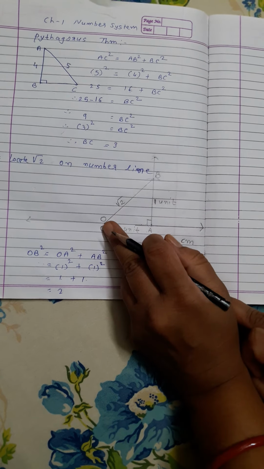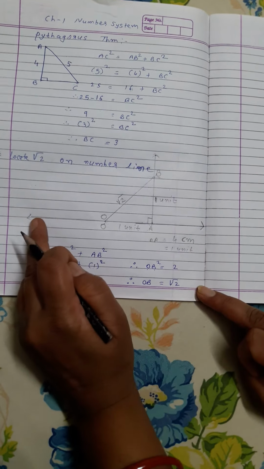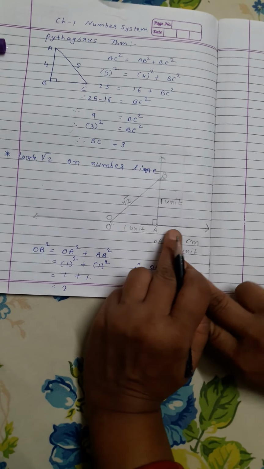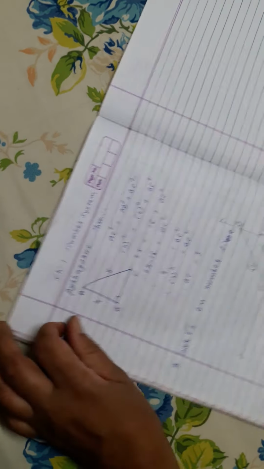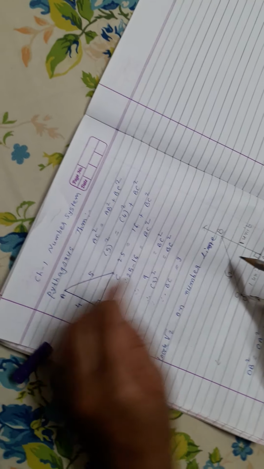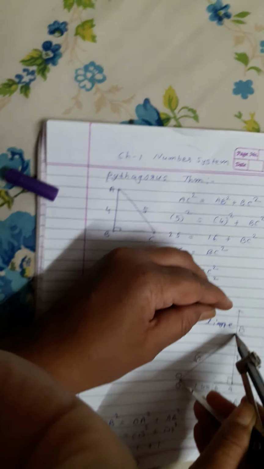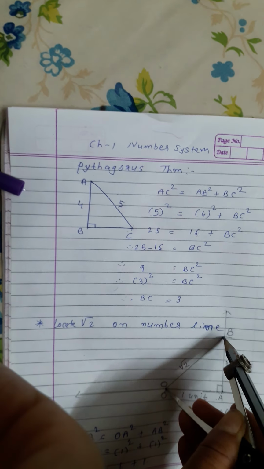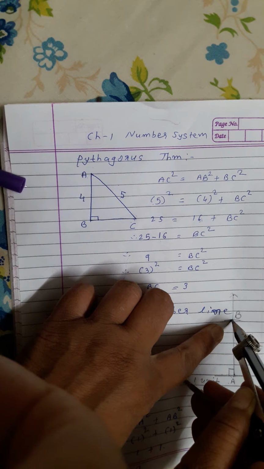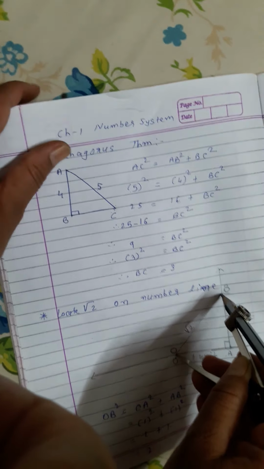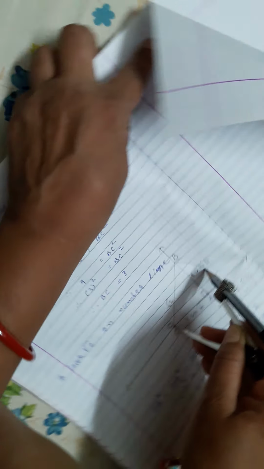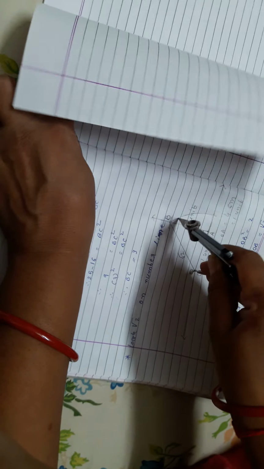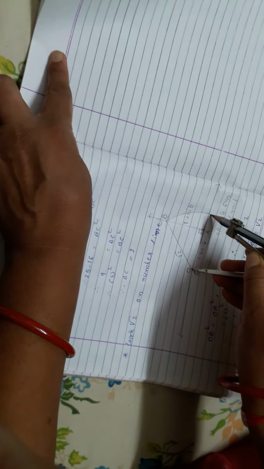But this length we have to represent on the number line. So how can we represent it on the number line? Taking the length of root 2 as a radius and O as a center, we draw an arc.